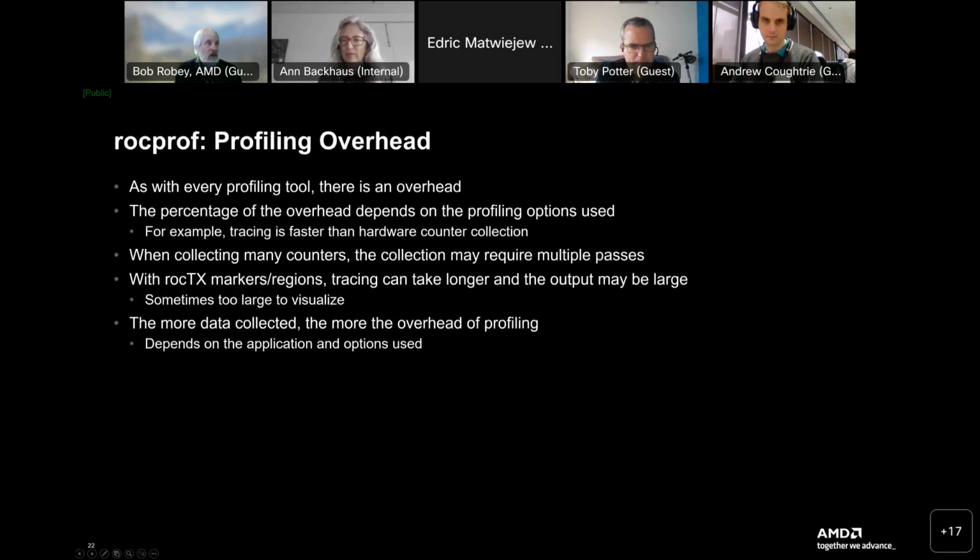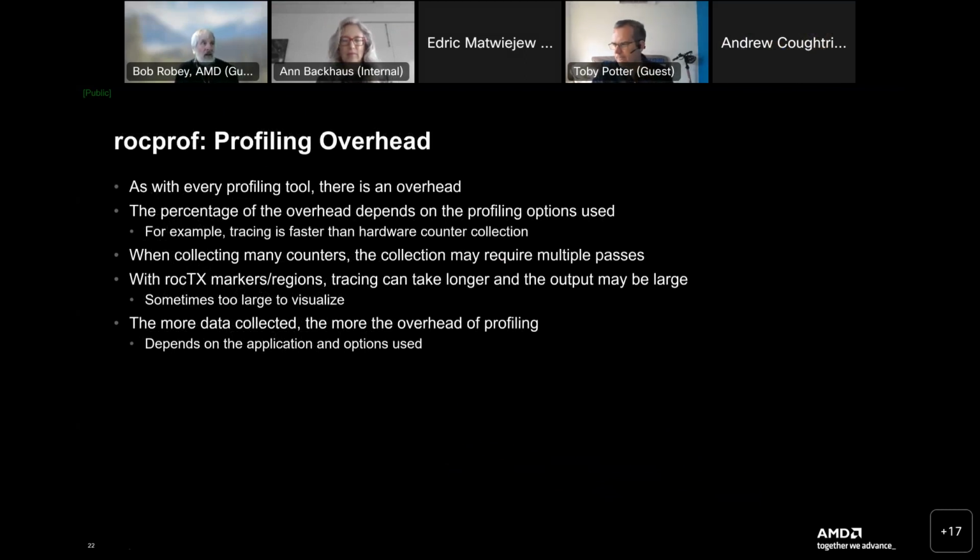So you do have to be somewhat cautious if there's an overhead with the profiling. ROCProf actually is very efficient, but if you insert a collection in a critical small kernel, it may cause the run to be much longer.